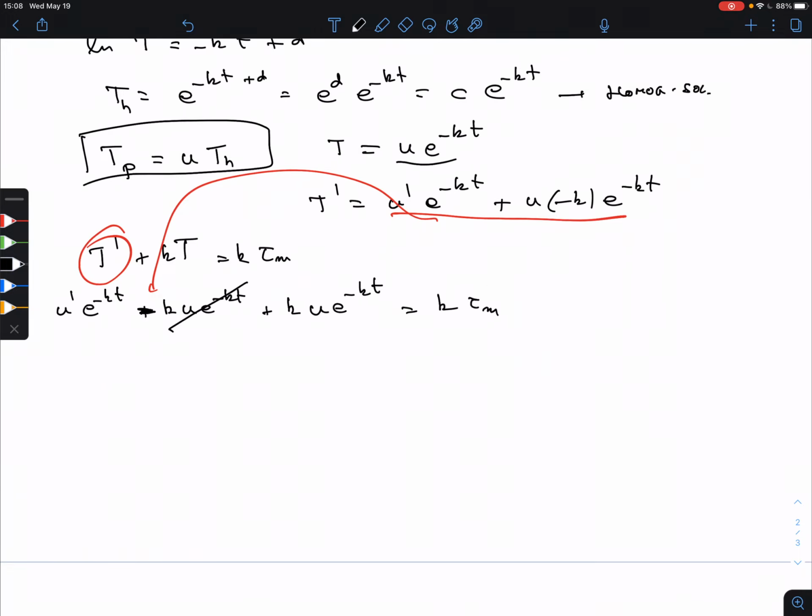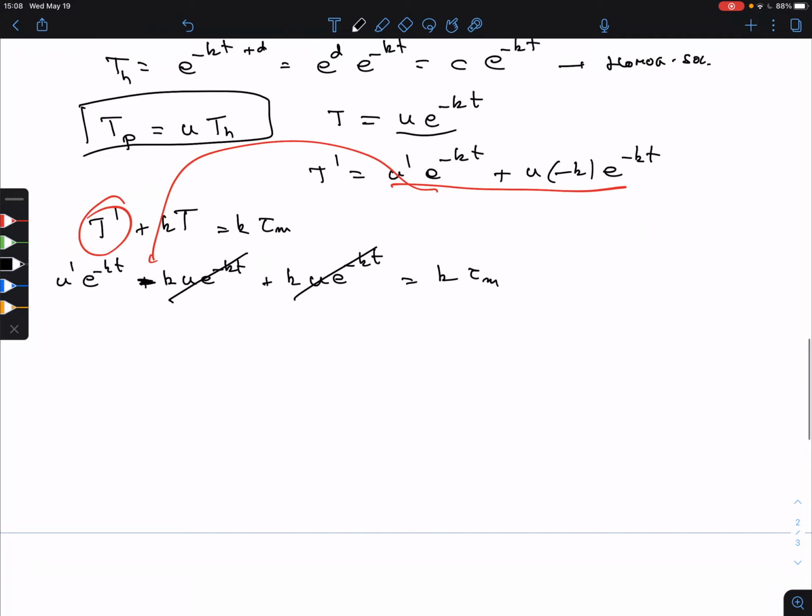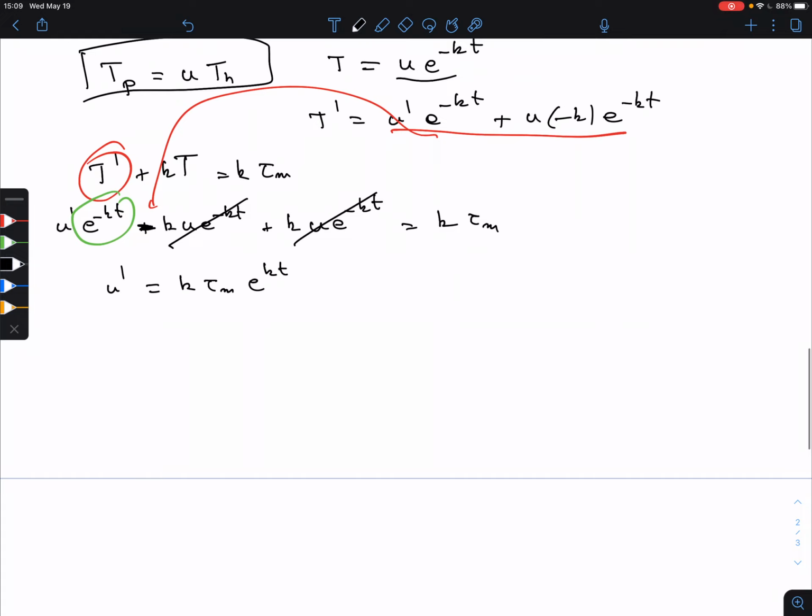We know that certain things have to cancel, which luckily they do, and we have separated variables. u prime equals k tau m e to the kt. I'm bringing this over to the other side by changing the sign of the exponent. That's one valid reason to do it. We know that this is a separated variable, and it's good to write it this way, because now you see what is variable and what is constant.